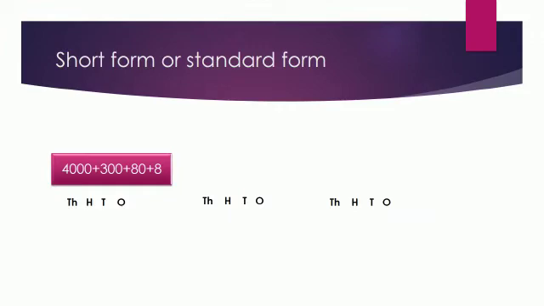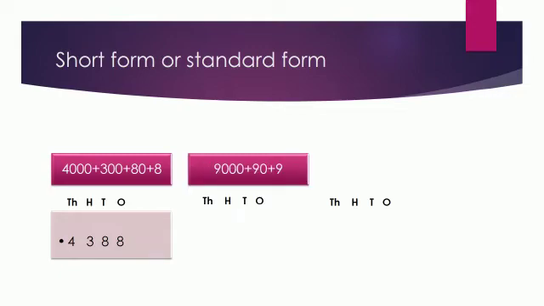You have 4 thousands, so you write down 4 in the thousands place. You have 3 hundreds, so you write 3 in the hundreds place. You have 8 tens, which make 80, so you have 8 in the tens place, and 8 ones, that is, you have 8 in the ones place. So the short form would be 4388. Let's go on to the next example, that is 9000 plus 90 plus 9.